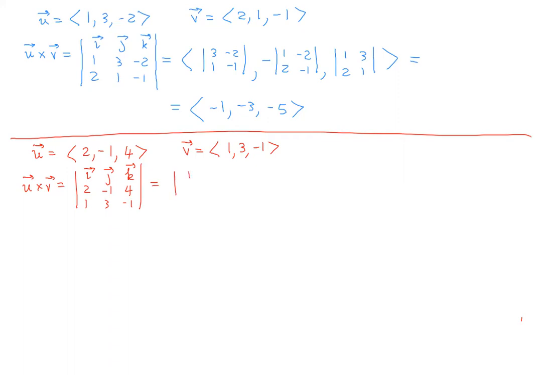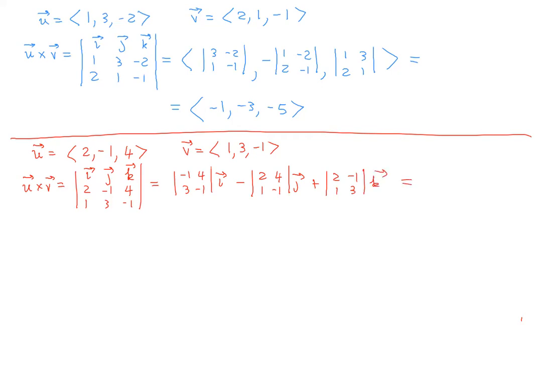That will give you minus 1, 4, 3, negative 1 times i, minus delete first row, second column. So that will give you 2, 4, 1, negative 1, j. Delete first row, third column. That will give you 2, negative 1, 1, 3, k.